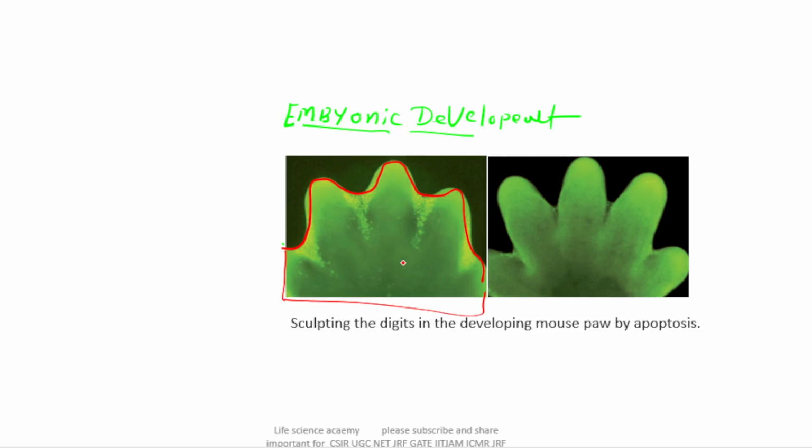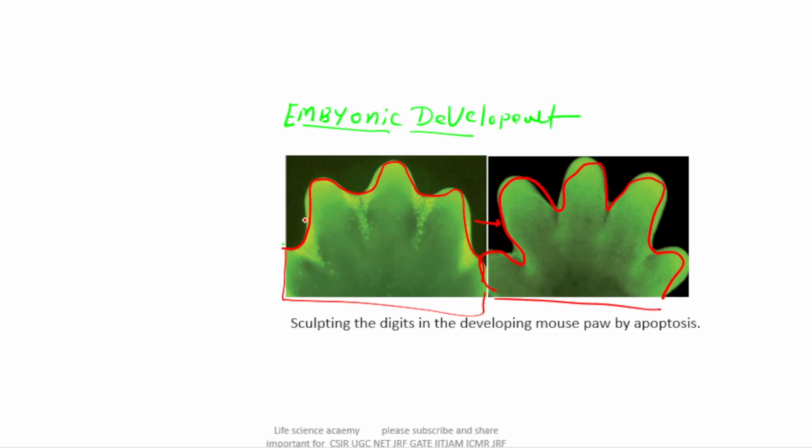So, what is the requirement for apoptosis? The requirement is that particular cells die to make the limbs look exactly like this. As a result, this is the series in which we form the limbs in our hand during embryonic development.